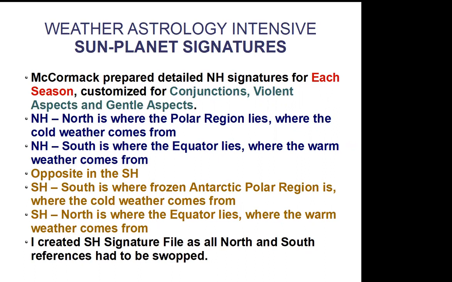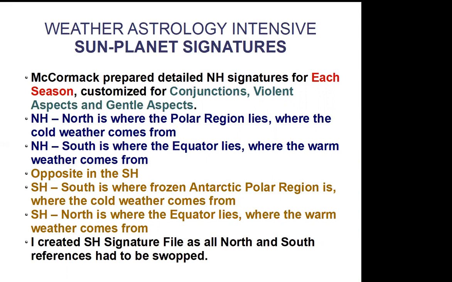Now, notice in your notes on page 9, you've got your Southern Hemisphere combo signatures on page 9, 10, and 11. And then on page 11, down towards the lower third, you've got Sun planet combo signatures for the Northern Hemisphere. Now, the reason why he only produced for the Northern Hemisphere, like I explained, is that in the Northern Hemisphere, the north is the frozen polar Arctic.